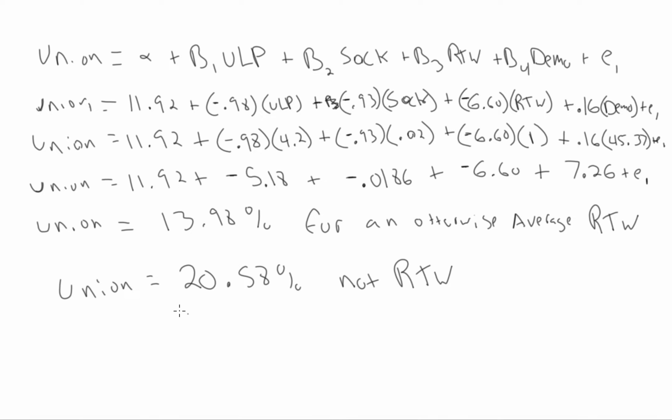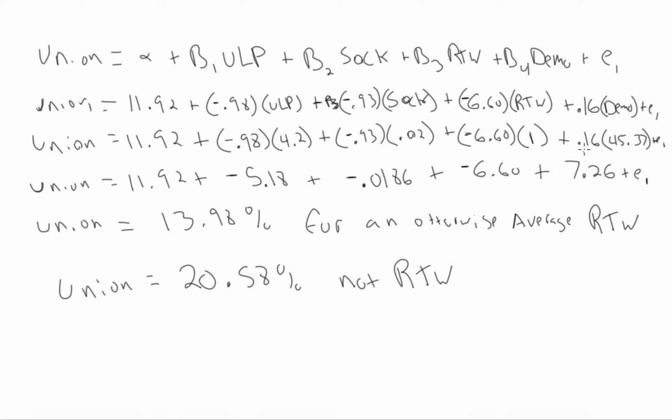Now, if you wanted to predict union membership for a specific state, or a specific region, obviously these numbers are going to come out different for different states. If you have a state that is a strong Republican state, then this number is going to be lower. You're going to have fewer voters coming out for the Democratic Party candidate.